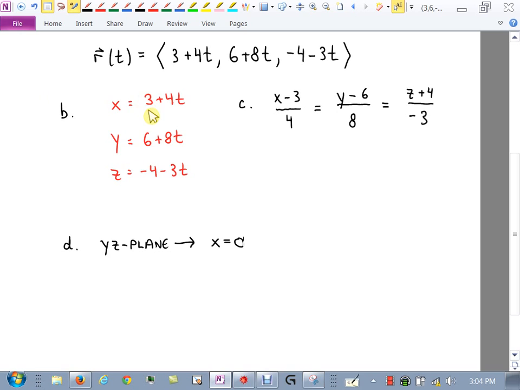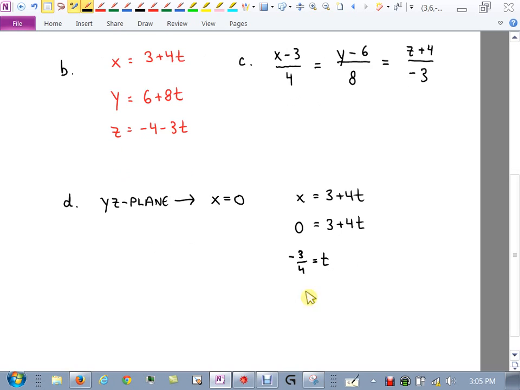So if you take that parametric equation, x equals 3 plus 4t, you replace the x with 0 so that you can force it to hit the x equals 0, the YZ plane. Then you can solve that equation for t. And you get negative 3/4 equals t. Right? Is that the answer?